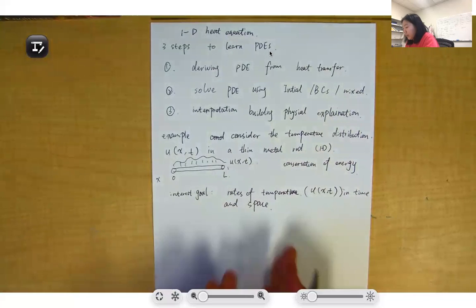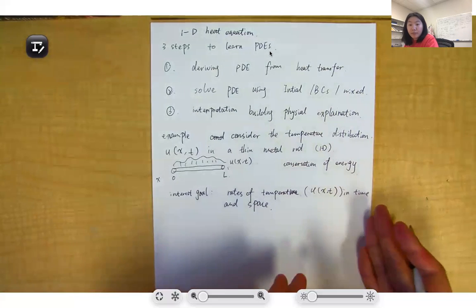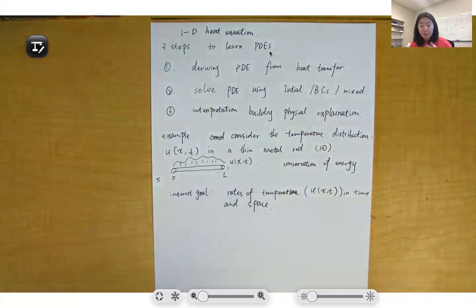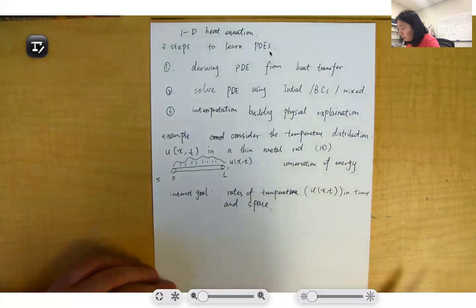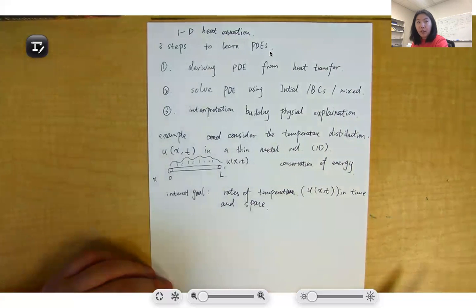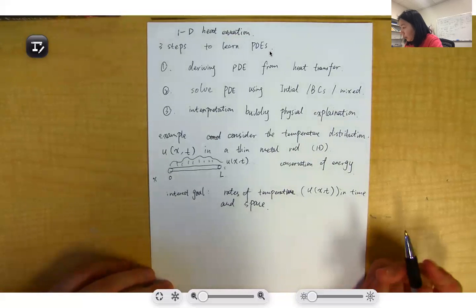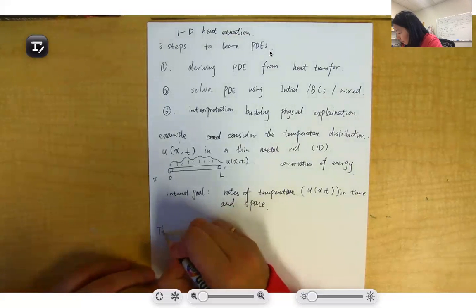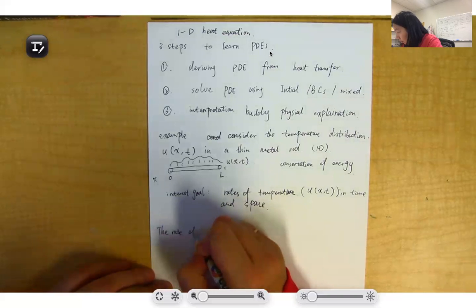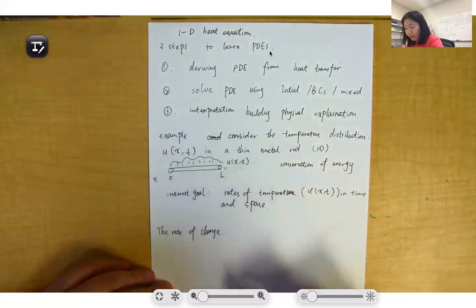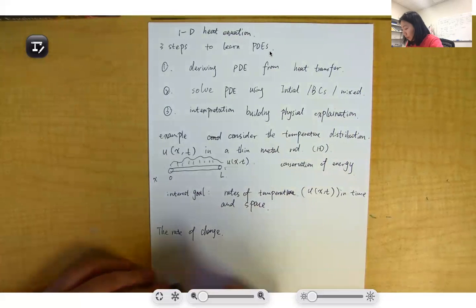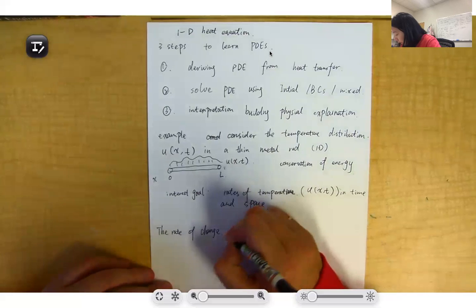And based on this interest, we will use the conservation of energy to derive some mathematical form from the physical phenomenon. So we can write in text first, then code it in mathematics. The word we are interested in is the rate of change. Instead of temperature, we think about conservation of energy, so that will be the rate of change of heat energy.